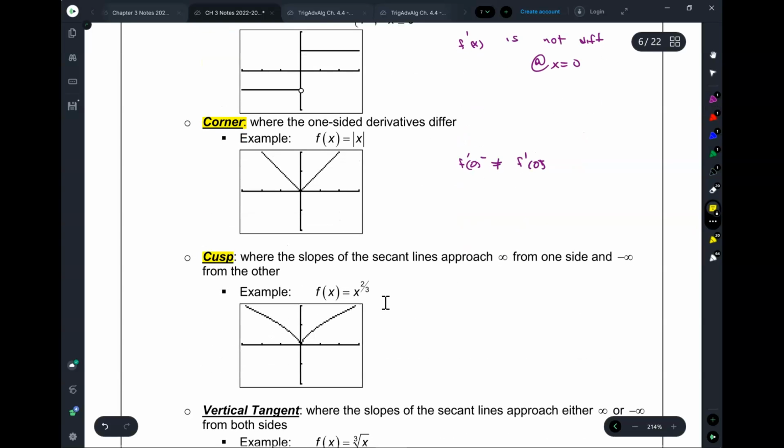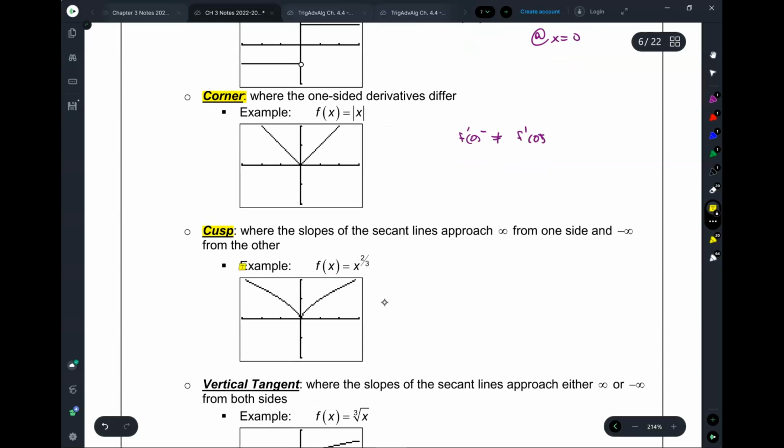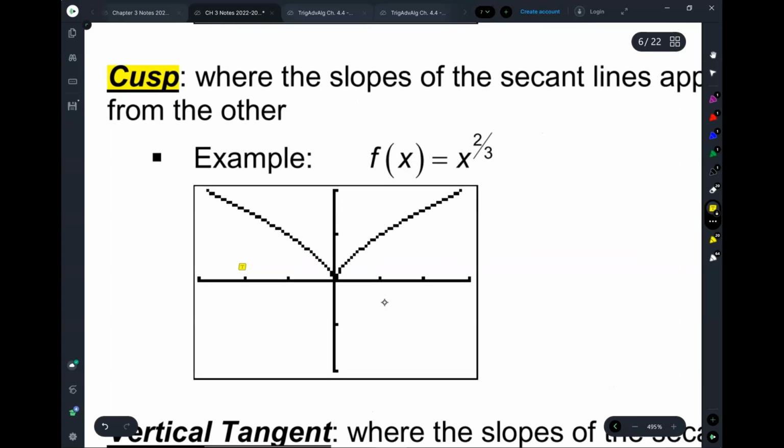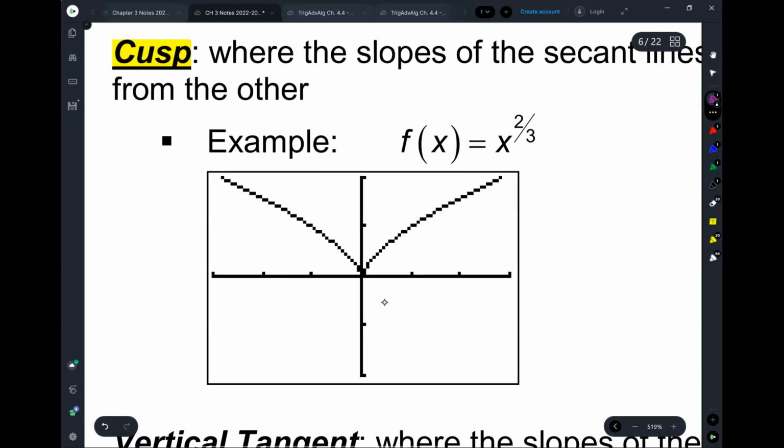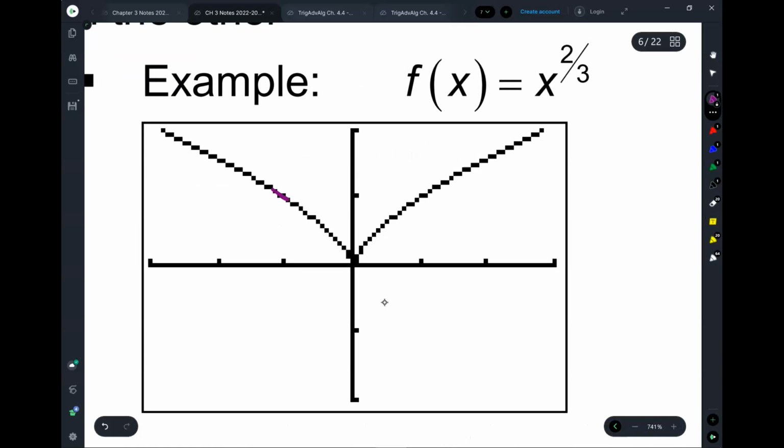Another one is a cusp. A cusp is different from a corner, in that at the cusp you have two branches that are going into one another. It's not a corner at all. Look at the slope here, it's negative, maybe negative 1 or negative 2.